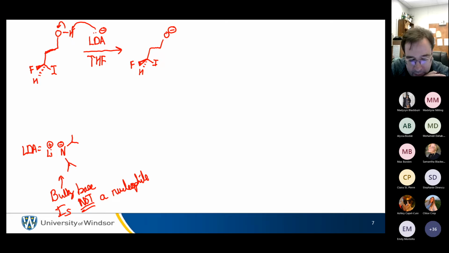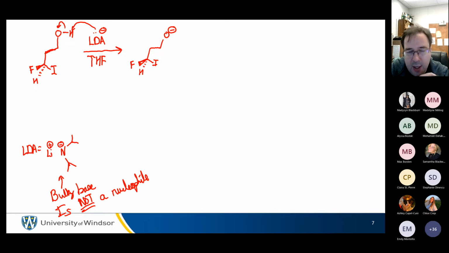So O attacks I. Does it attack I? It attacks the carbon. I leaves and O minus attacks the carbon. Yeah, I like that better. And we agree it's an SN2. So here's the question I've got: does this do the reaction inter or intramolecularly?